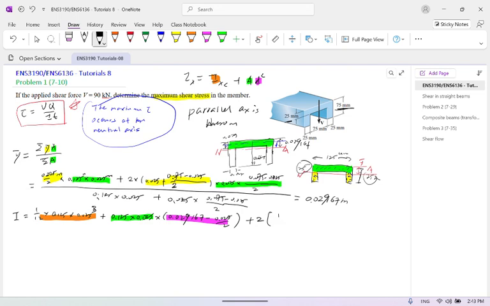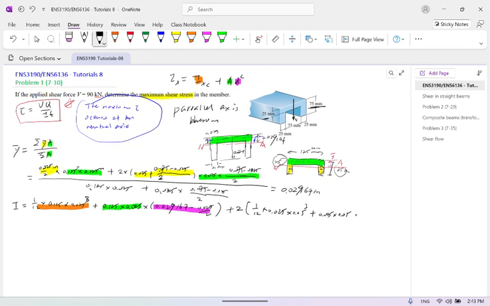And also the T of this thing. So again, it's 1 over 12 times the B 0.025 times H, H of course is 0.05 cubed. Okay, plus area, so 0.025 times 0.05, times the distance again. So the distance will be something like this.